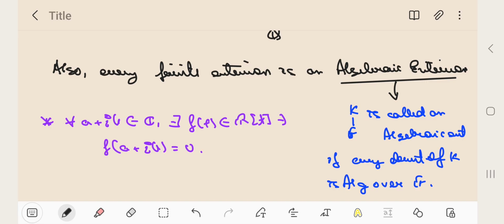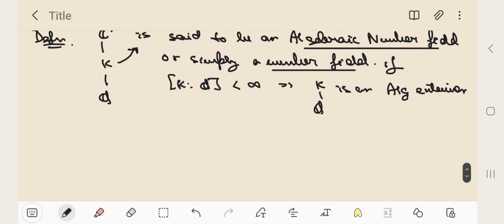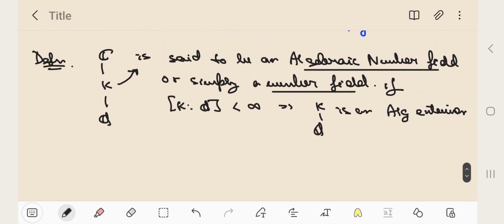Every algebraic extension need not be a finite extension. So I cannot define it immediately in terms of K over Q being an algebraic extension. The definition lies in the fact that the degree of extension of K over Q is finite. Clear?